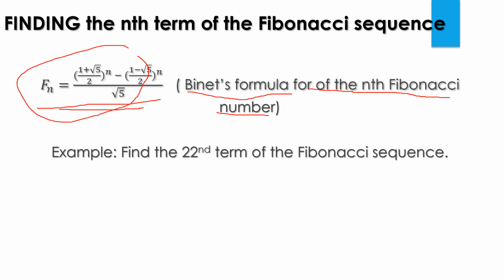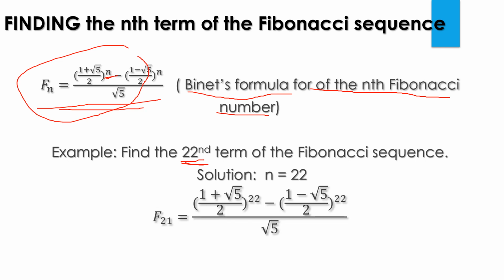So dito, we're just going to substitute n, kung ano yung term na hinahanap natin. So yung mga n na to ay papalitan natin siya ng 22. Okay, solution, n is equals to 22 kasi ito yung nth term na hinahanap natin. Okay, substituting the given n to the formula. So ito na yon.